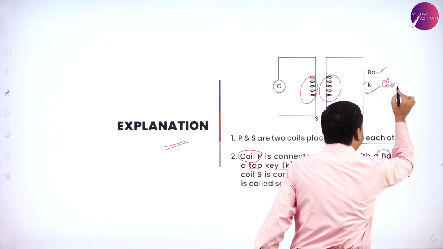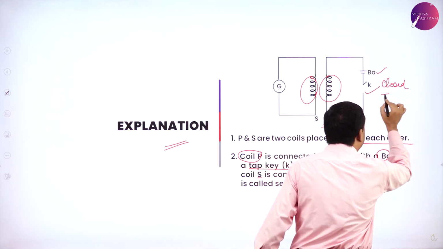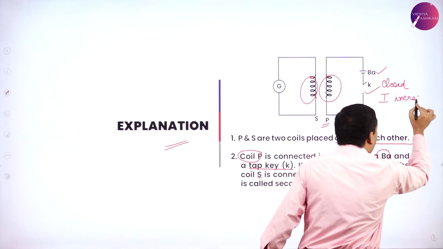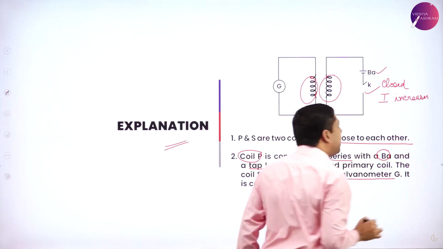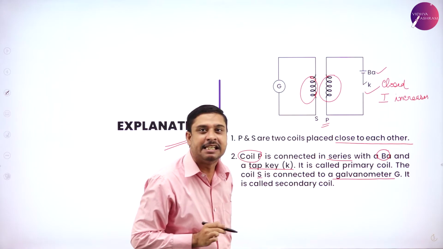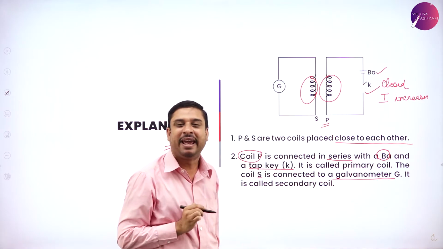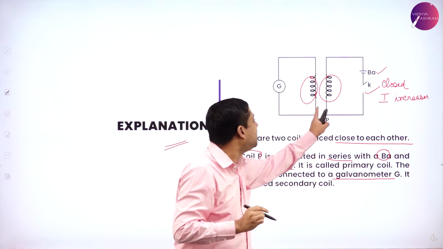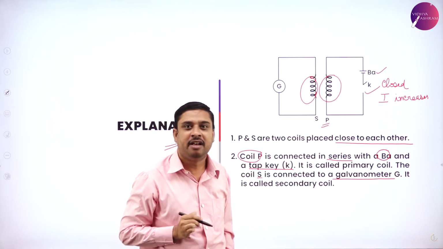So if the key is closed, I, that is the current flowing through the primary coil, increases. There is growth of current in the primary coil.